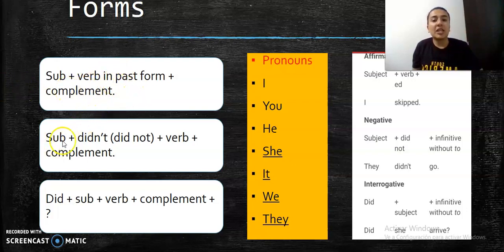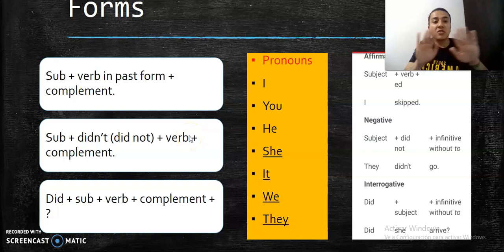Okay? Here, I have an example of the negative form. So again, sub means subject, which is here pronouns, right? Plus, I'm going to add didn't. Didn't is always in the negative form. And also did not. Then I'm going to add the verb. However, keep in mind that the verb doesn't go in the past form.